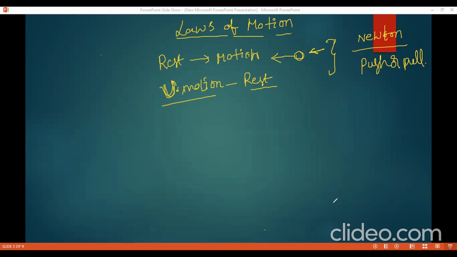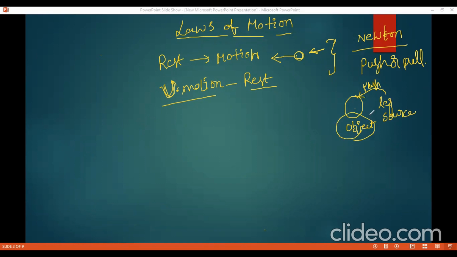Here the ball is our object. And which is the source? Say your hand or your leg. So the leg is the source. You are giving some pressure with your leg onto the object, some push or pull onto this object, right?